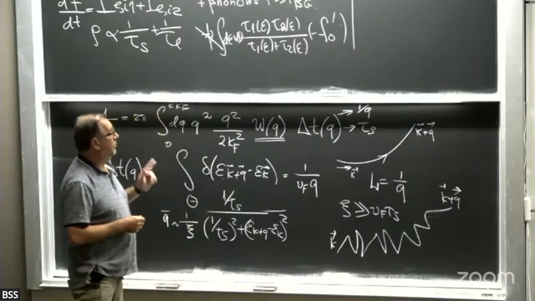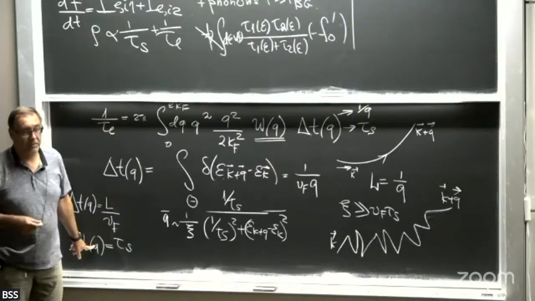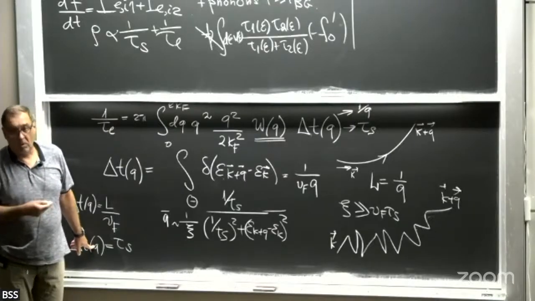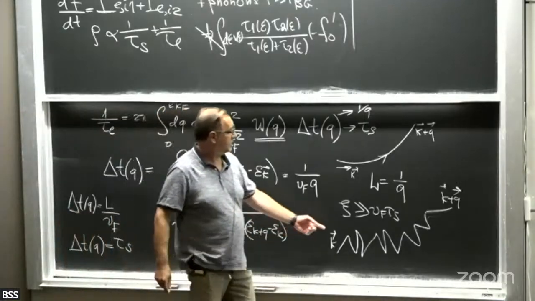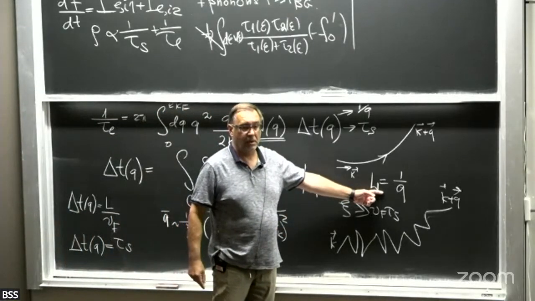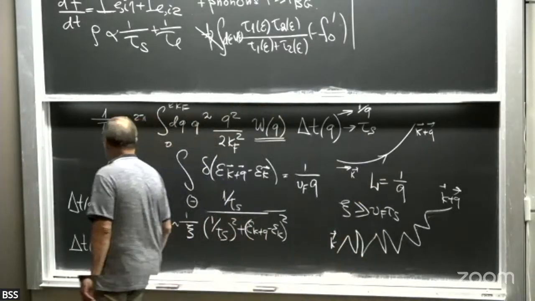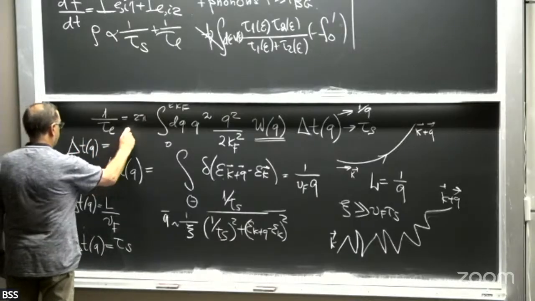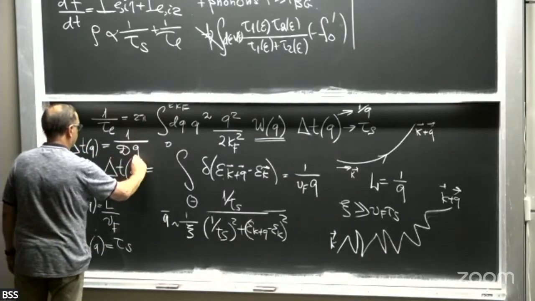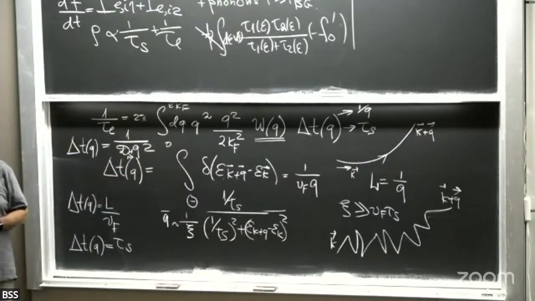I will argue, however, that this is not the main effect of diffusion. The obvious effect of diffusion is that the time to travel the same distance, 1 over q, is now much longer. And this time is now the diffusion time, where D is the diffusion coefficient due to short range.